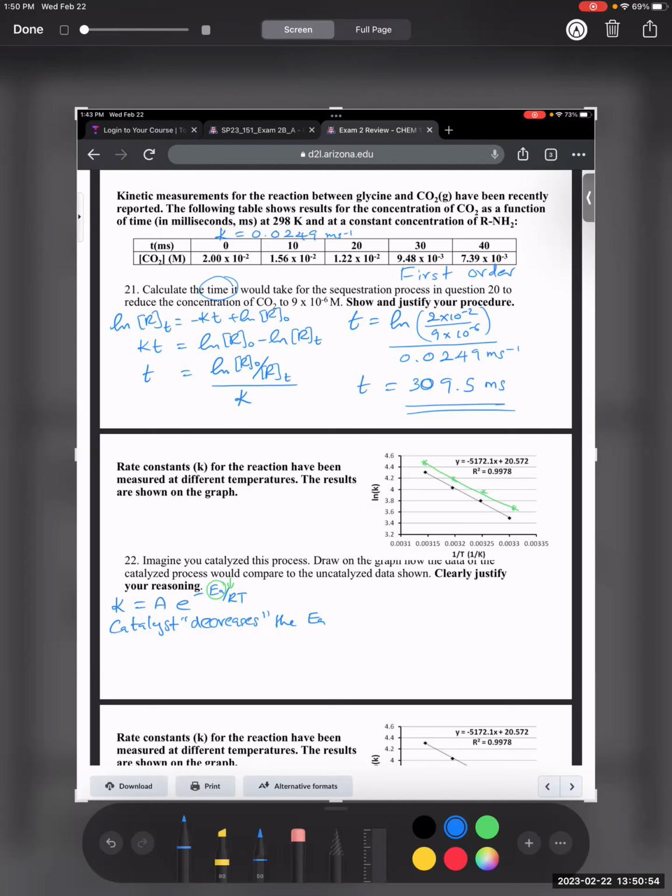So catalyst decreases the activation energy, which in turn increases the rate constant at any given temperature.